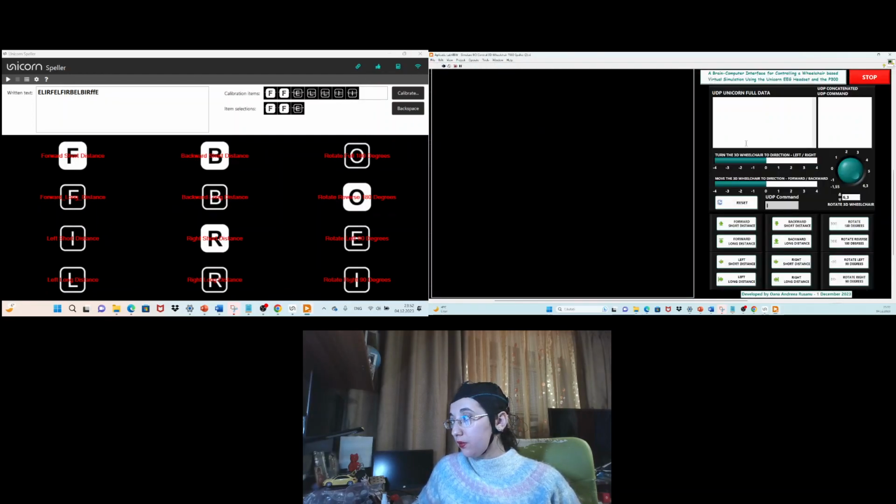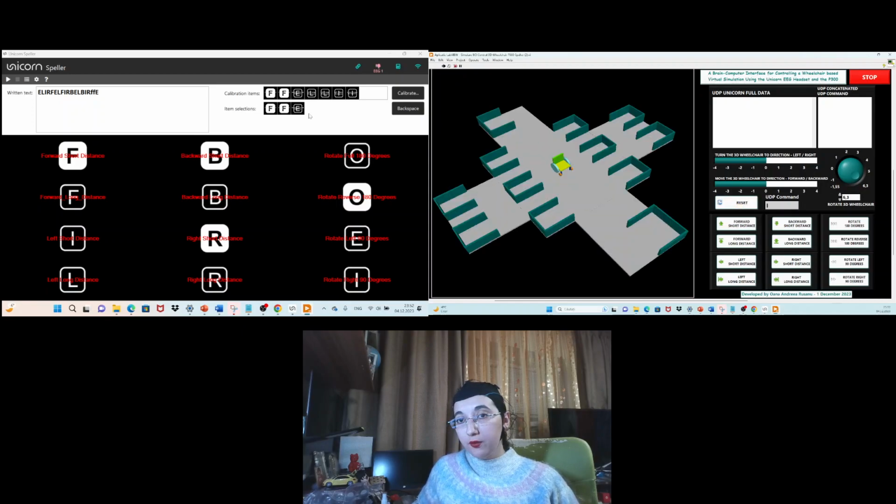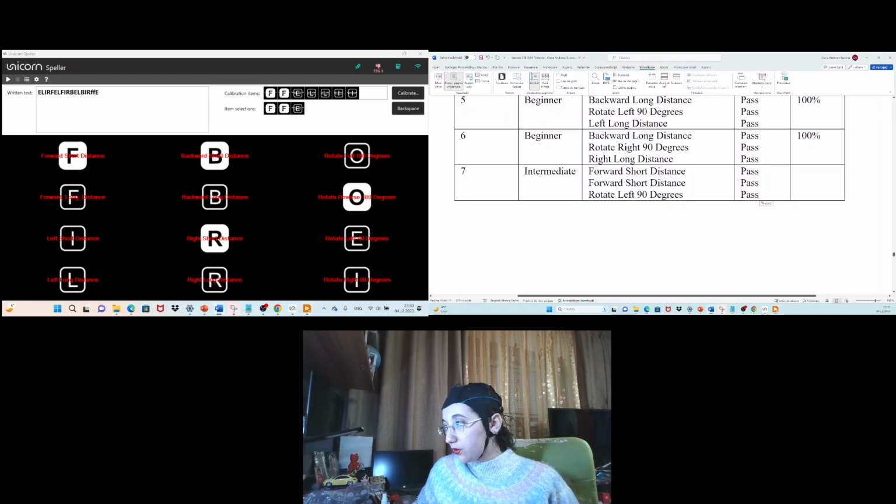Okay, so until now I sent forward short distance 2 times, this one, and then rotate left with 90 degrees, this one. Okay. And now I will continue with 2 times left long and then 2 times left short, I believe.